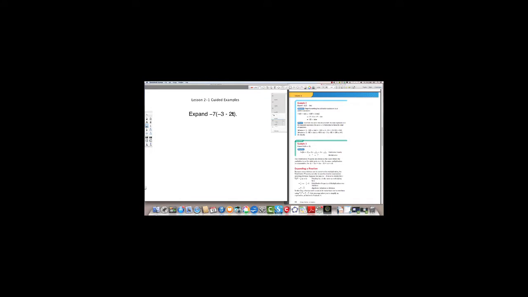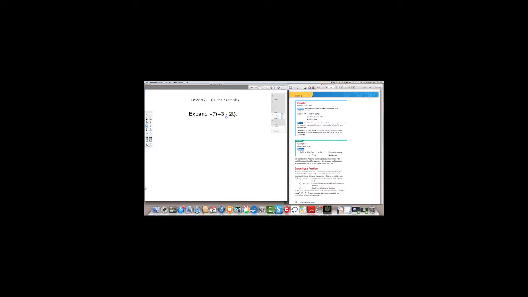Okay, here's our next example, and this is an expansion. You can already tell me which distributive property this is. This is a subtraction problem. This is a -3, so -3 minus 2t, and it's being multiplied by a -7.